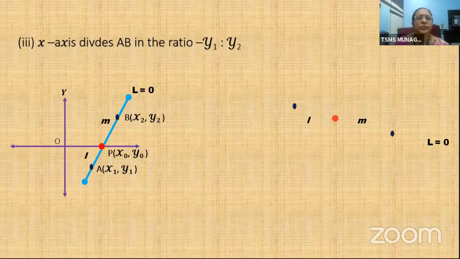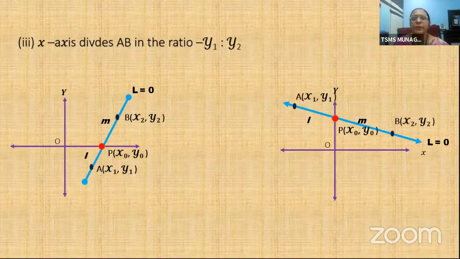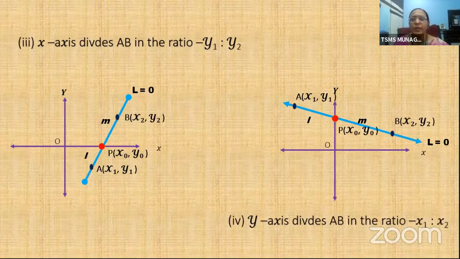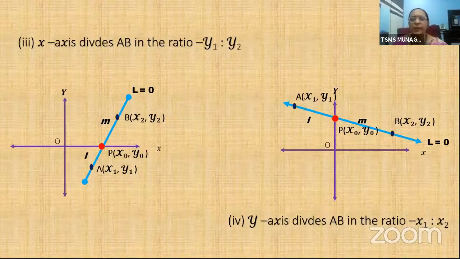Similarly, if the line segment is intersected by the y-axis, then the y-axis will divide the line segment joining (x1, y1) and (x2, y2) in the ratio of their x coordinates with a minus sign. So the y-axis divides AB bar in the ratio minus x1 is to x2. This will also help in your competitive exams. Please remember, the x-axis divides AB in the ratio minus y1 is to y2, and the y-axis divides AB in the ratio minus x1 is to x2.